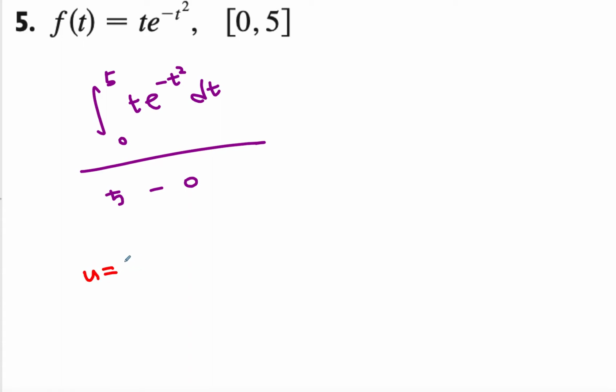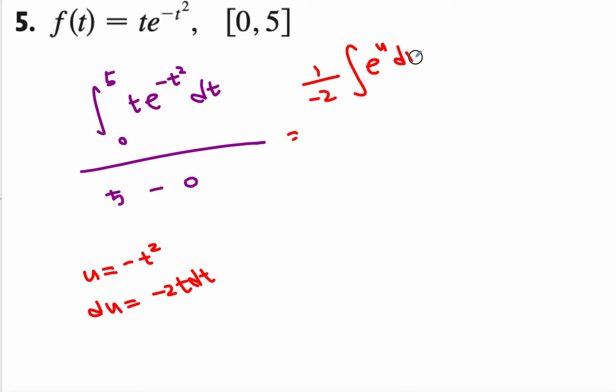If you let u be negative t squared, then du becomes negative 2t dt. Since I don't see negative 2 in front, this will be equal to 1 over negative 2, and then you get e to the u du, all over 5.